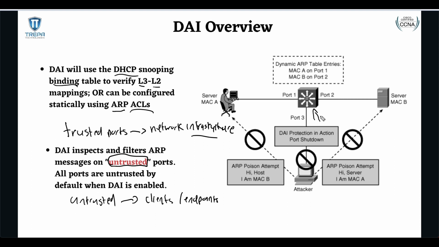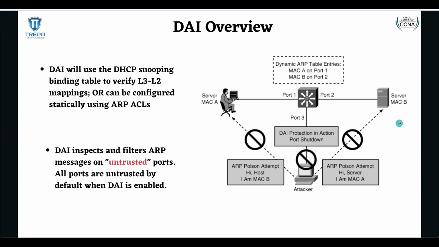So we look at this switch here, we can see that this server is an endpoint, this is an endpoint, this is an endpoint. So all three of these ports, 1, 2, and 3, are going to be untrusted, okay? Now the reason is because these untrusted ports are not going to allow any ARP replies inbound. And again, we'll get into that when we go over ARP and ARP poisoning in the operation.